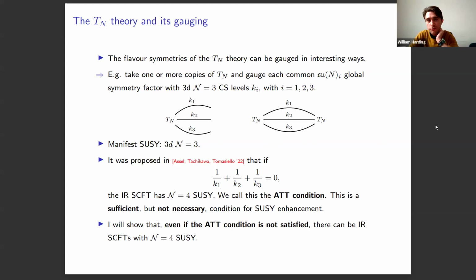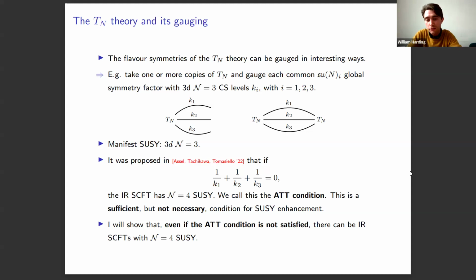Now, the manifest amount of SUSY of such theories is 3d N=3. However, it was proposed by Assel, Tachikawa, and Tomasiello that if the following condition holds, namely the sum of the inverses of the 3 Chern-Simons levels is equal to 0, then the corresponding infrared SCFT has N=4 SUSY.